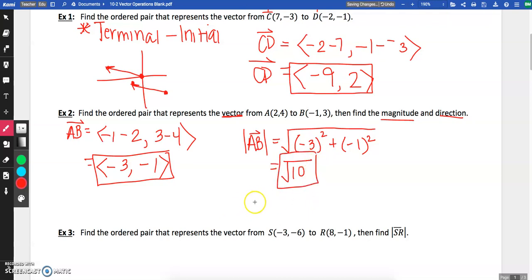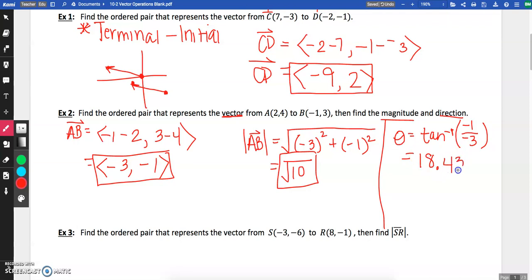And then I want to find the angle, meaning the direction, theta. So our angle is inverse tangent of -1 over -3, the y-coordinate over the x-coordinate. And this guy we can type in our calculator. We won't use the unit circle much here. We'll pretty much always just type it into our calculator in degree mode, get a decimal, 18.43 degrees.